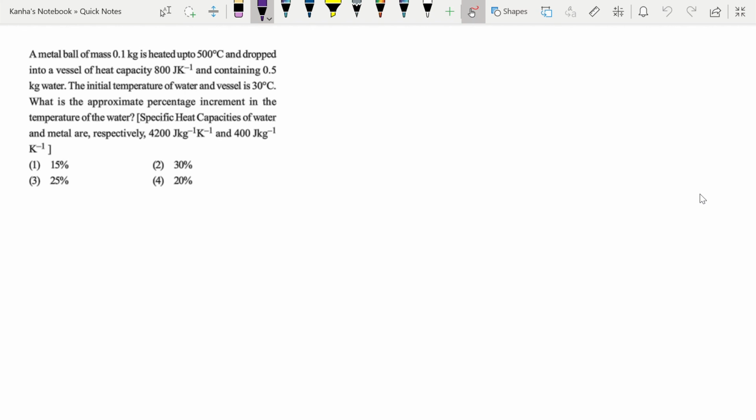So let me assume that the final temperature be equal to some T degrees Celsius.